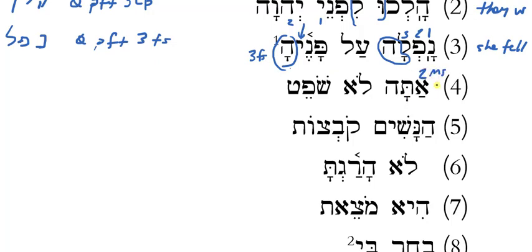So this is a 2ms pronoun. You, man, lo shofet. You not judging. So, what might I be missing here? The copula. Yes. So you are not judging.